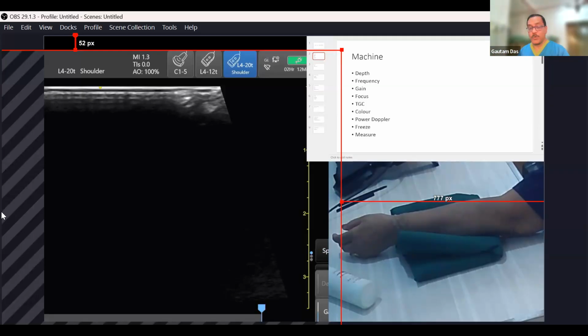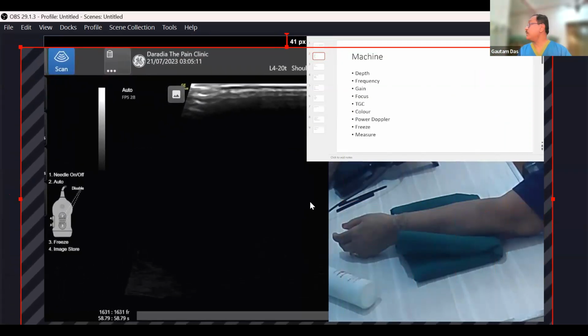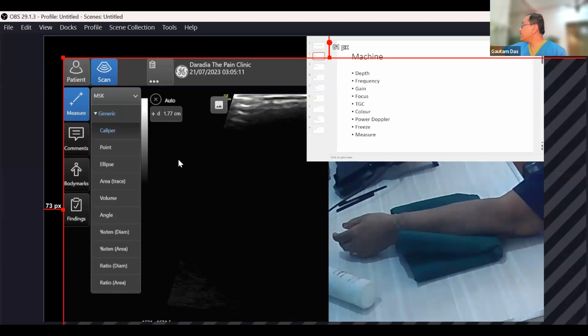Another important thing is your measure button. Most machines have a measurement button, and here also we have a measure button. When you use the measure button, one point will come here and then another, so you can measure across the screen. You can see it is 0.8 centimeter. Here you can also measure area.